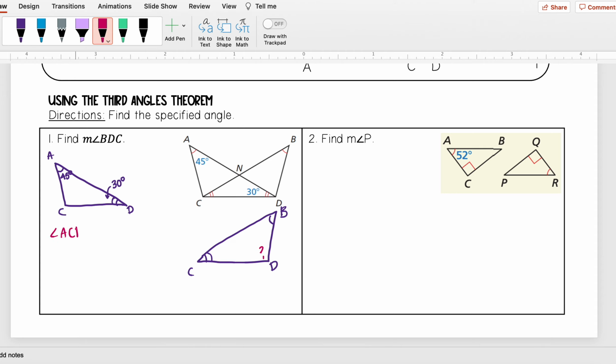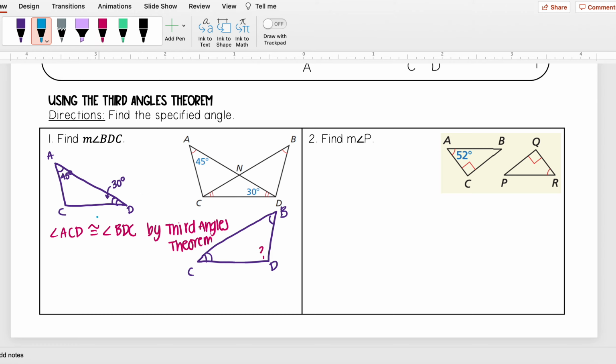Angle ACD is congruent to angle BDC by third angles theorem. So now I need to actually find what this angle measure is, since I know that these two are going to be congruent to each other.